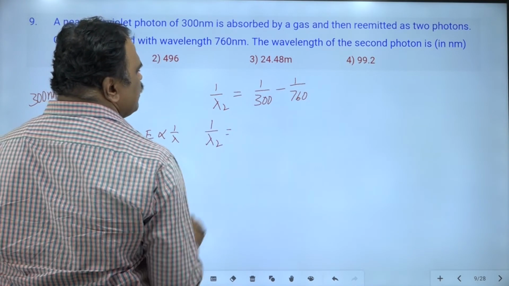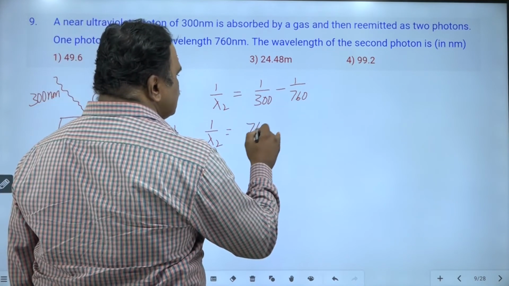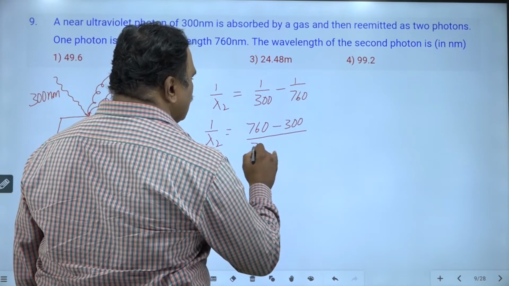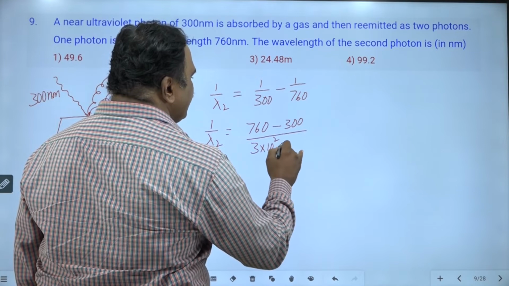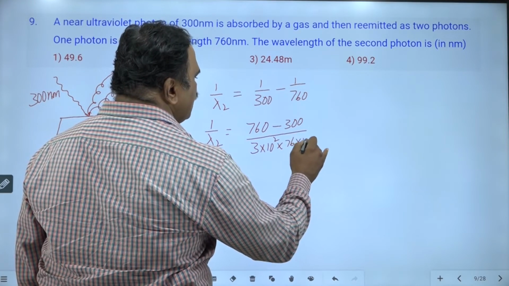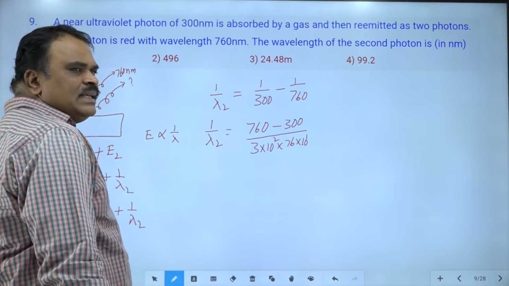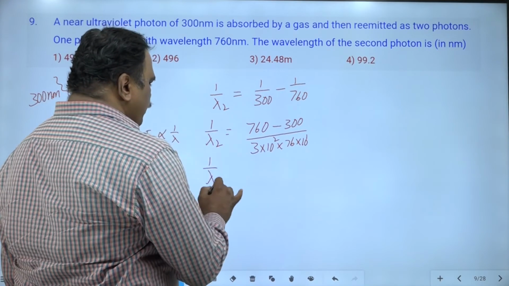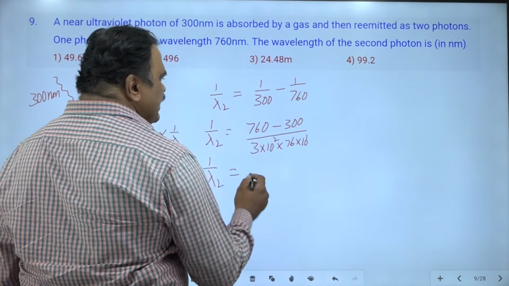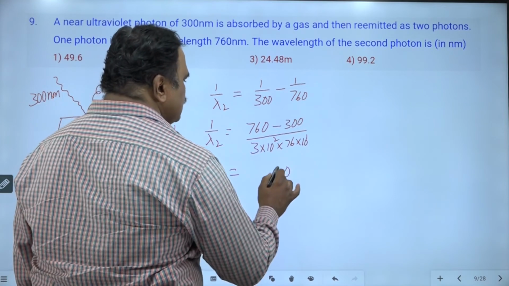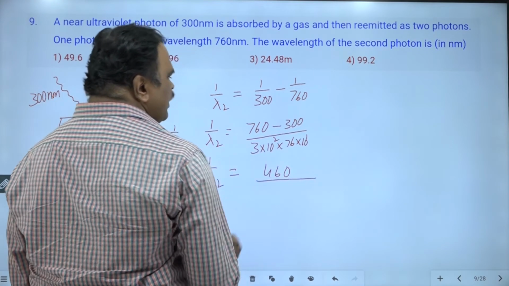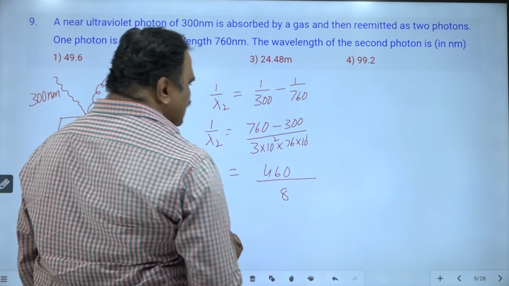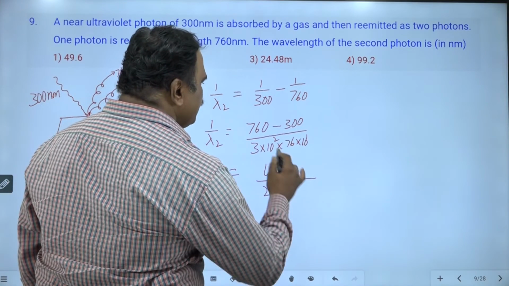So 1 by lambda 2 is equal to 760 minus 300 divided by 3 into 10 square into 76 into 10 power 1. 760 can be written as 76 into 10; you are taking the LCM. Now 1 by lambda 2 is equal to 460 divided by 228 into 10 cube.